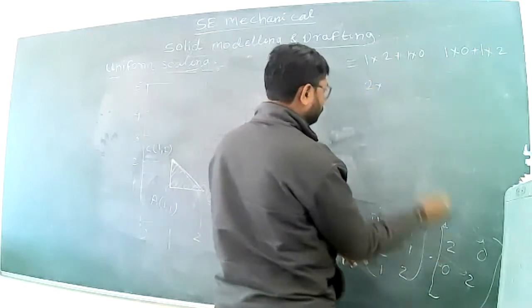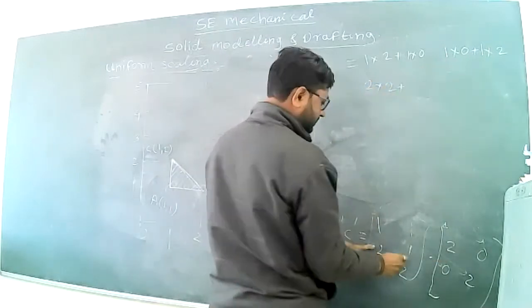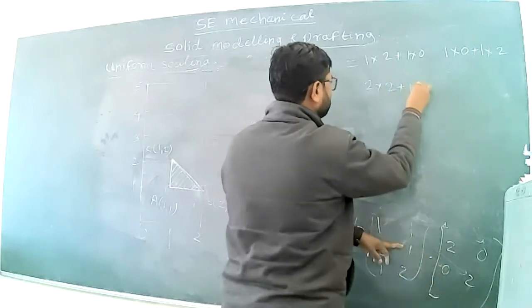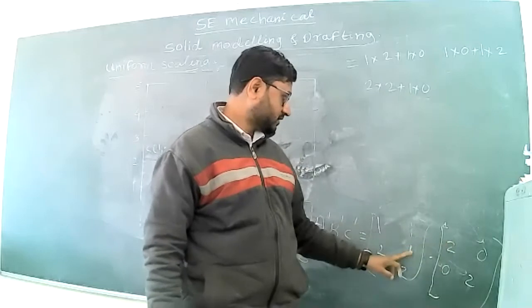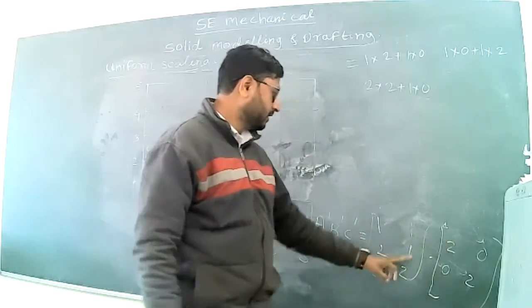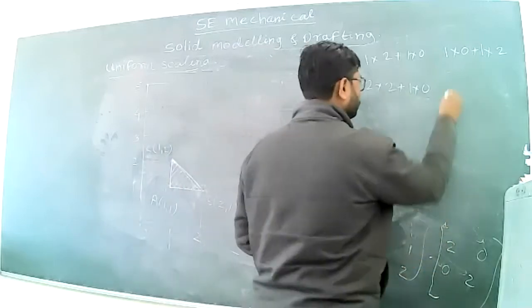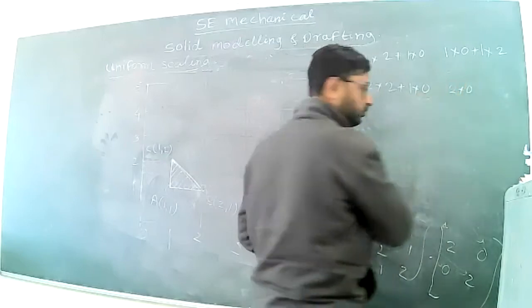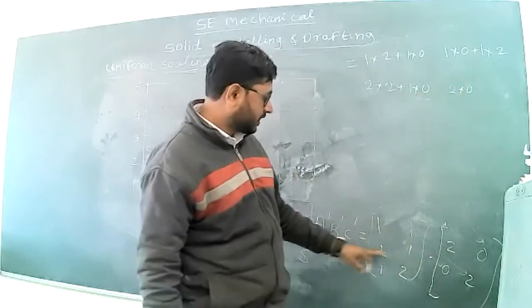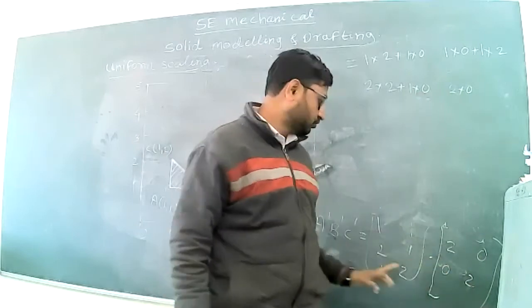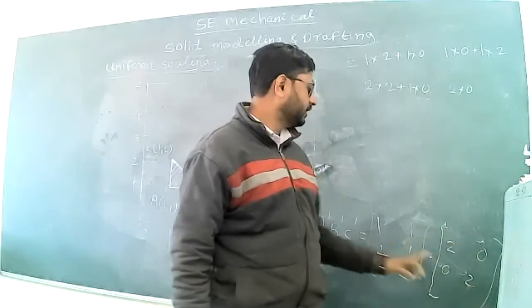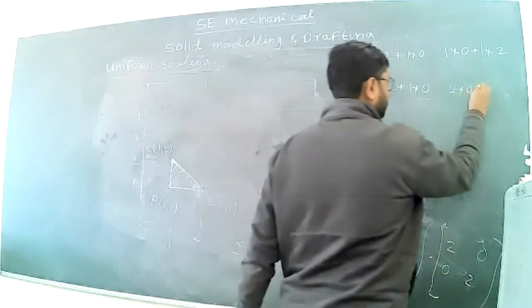For the second row, first element, this 2 into 2 plus 1 into 0. For the second element, second row, second column, it is 2 into 0 plus 1 into 2.